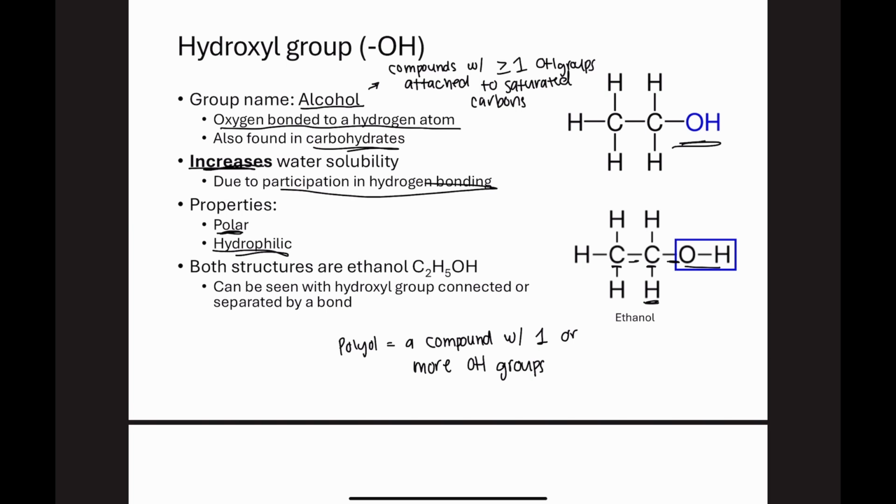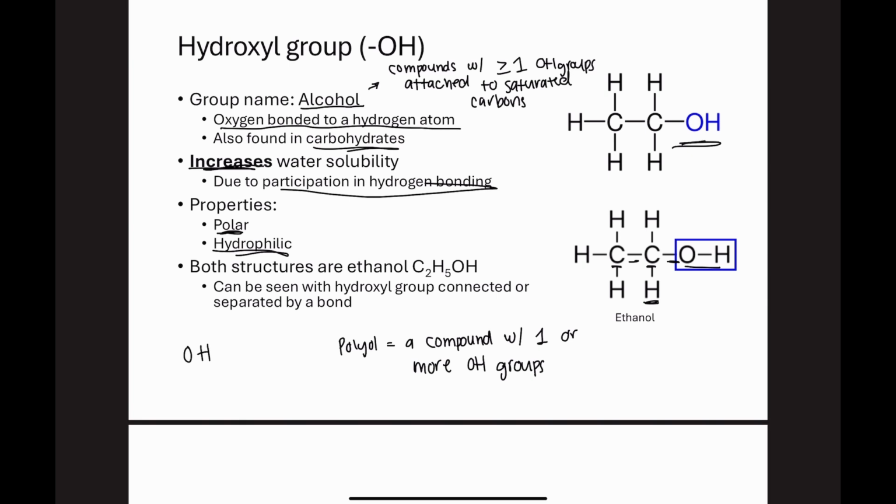So we know that our hydroxyl groups contain an oxygen and they contain a hydrogen. And our oxygen is a lot more electronegative than our hydrogen atom.